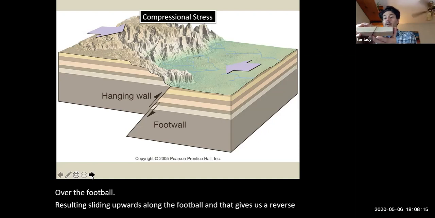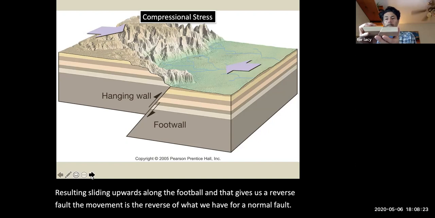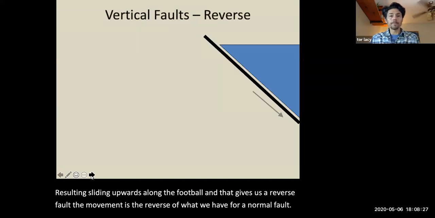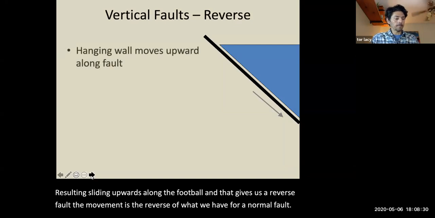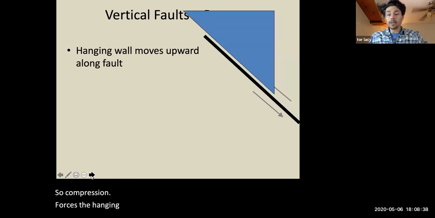The movement is the reverse of what we have for a normal fault. So compression forces the hanging wall to slide upwards along the fault surface, or the dip of the fault.